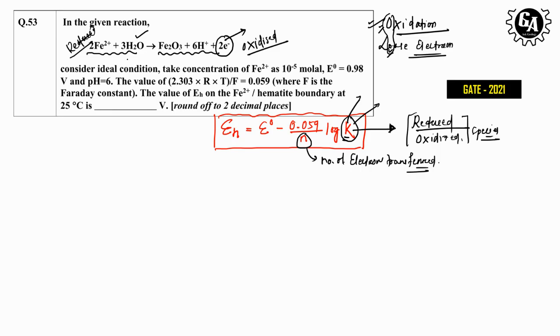Another way you can find out: this is Fe plus 2 on the left side, and in Fe2O3, this is Fe plus 3, O minus 2. That implies Fe plus 2 is getting converted to Fe plus 3.